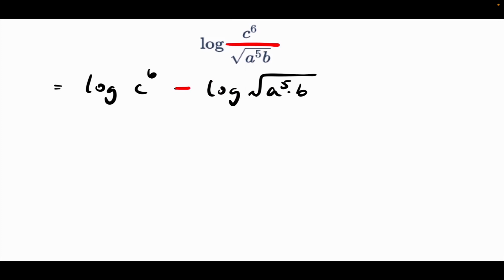Let me give them powers without roots. What power does A have? 5 over 2.